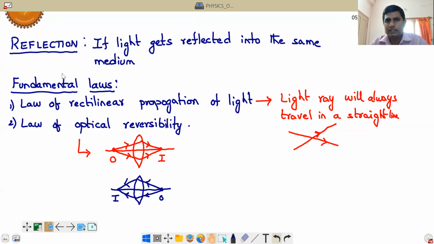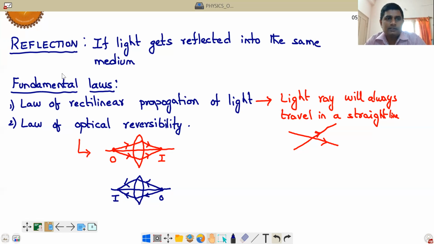When two light rays intersect, there is no problem. They just go onwards as they are, like a straight line. Whereas in the case of electric or magnetic field lines, it is not like that. You must have studied in your lower classes that magnetic lines of force won't intersect at all. But here light rays can intersect, and after intersection, they just go on normally in a straight line as they were traveling before.